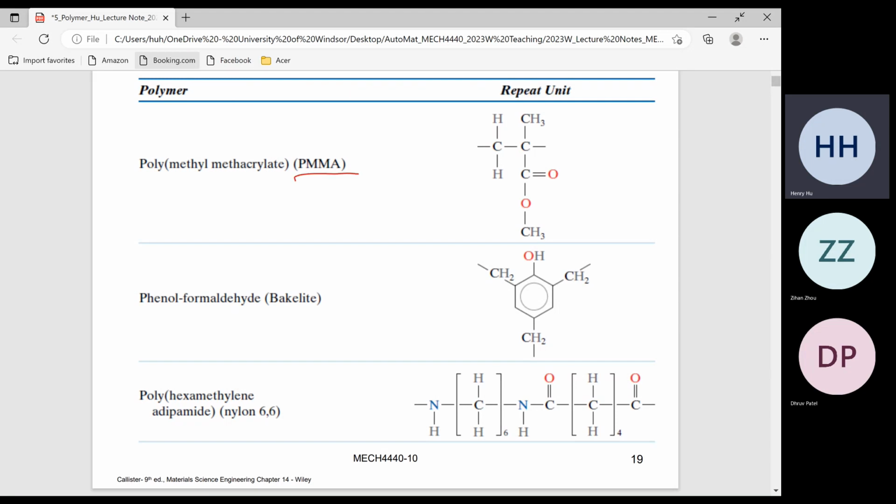The repeat unit consists of one hydrogen replaced by 1 carbon and 3 hydrogens, and another hydrogen atom replaced by a carbon and oxygen, and also a carbon with 3 hydrogens. It's a very complicated kind of repeat unit.